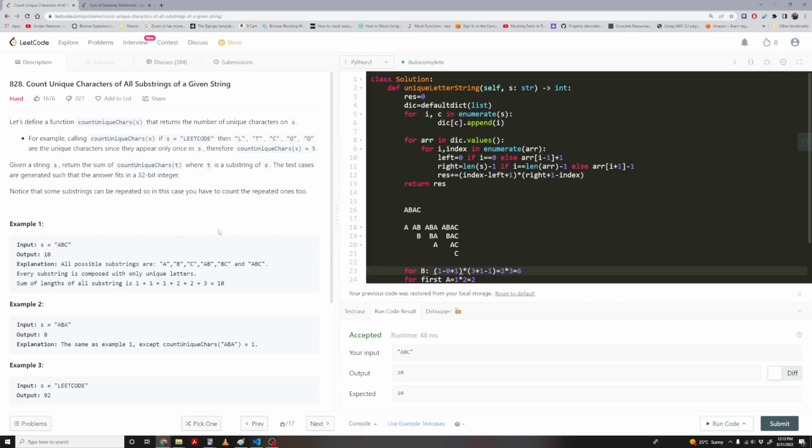For example, let's say you have ABAC. Here are all possible substrings: A, AB, ABA, ABAC, B, BA, and yeah, to the end. So now it's saying, okay, A, here we have one, here we have two characters without repeating, here we have just one character without repeating, here we have two characters without repeating.